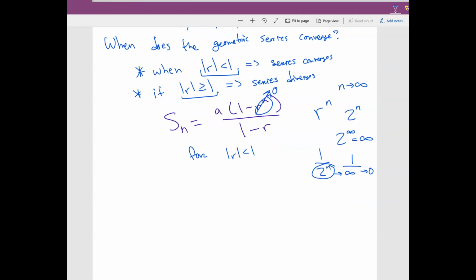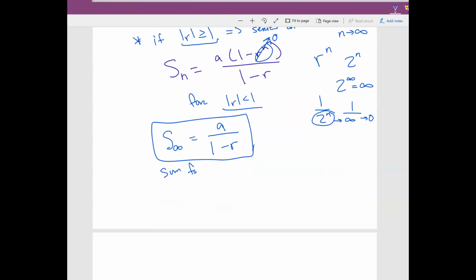So what that means is that if I were to add an infinite number of terms, when the absolute value of r is less than 1, then basically you have 1 minus 0, which gives me 1 divided by 1 minus r. So this formula is the sum for an infinite amount of numbers when the absolute value of r is less than 1.